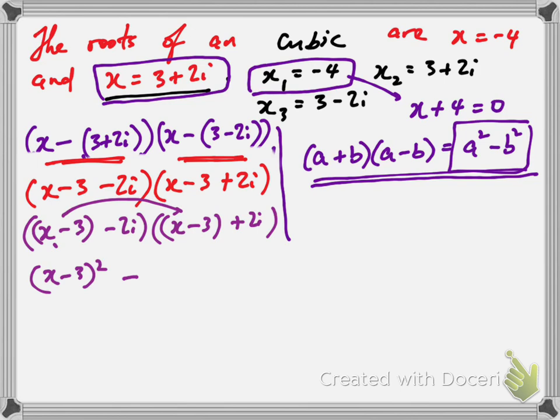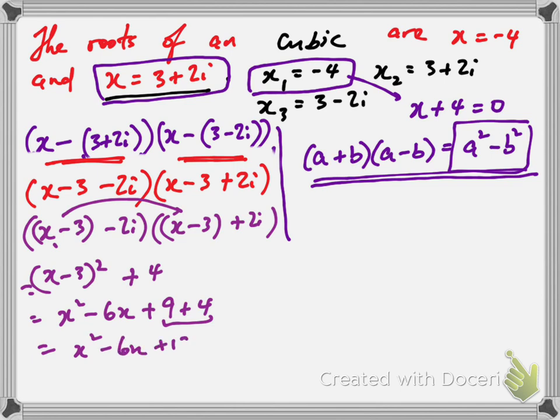So minus negative 4 would be plus 4. If you expand x minus 3 squared, you end up with x squared minus 6x plus 9 plus 4. And 9 plus 4 gives you 13, so you end up with x squared minus 6x plus 13.